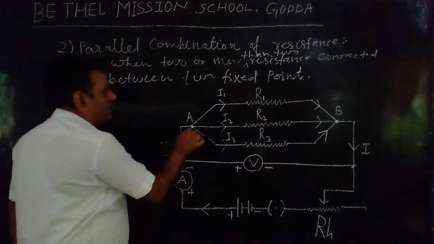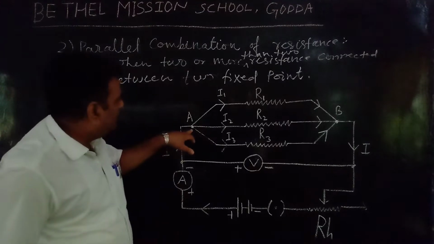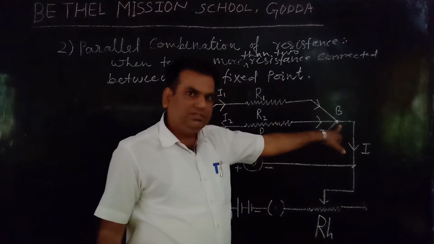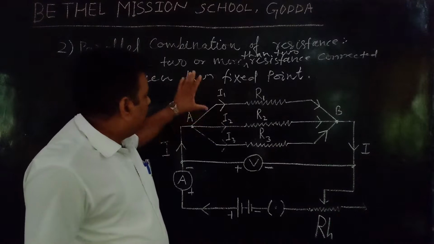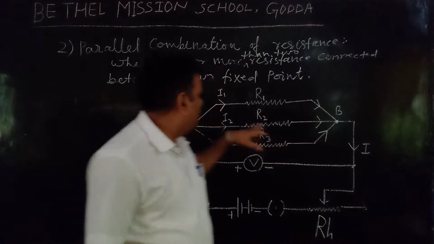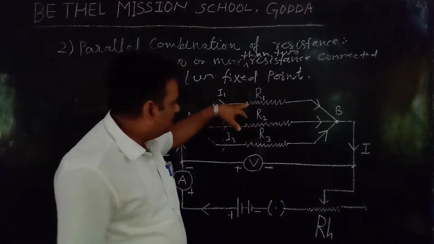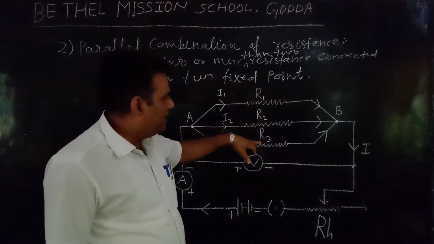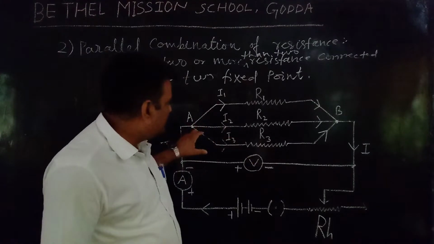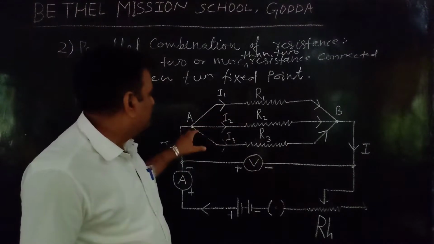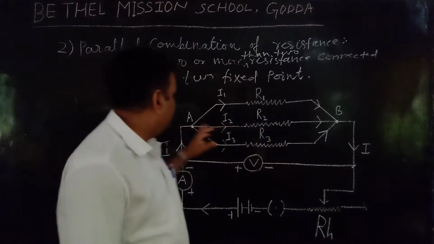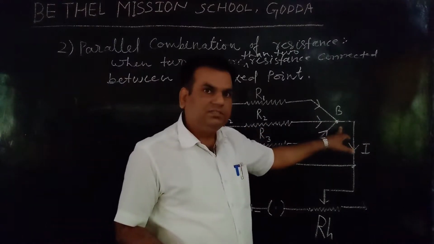Here we are taking A and B as two fixed points, and between these two fixed points we are taking three resistances: R1, R2, and R3. So three resistances are connected between two fixed points. Here A and B are the fixed points.